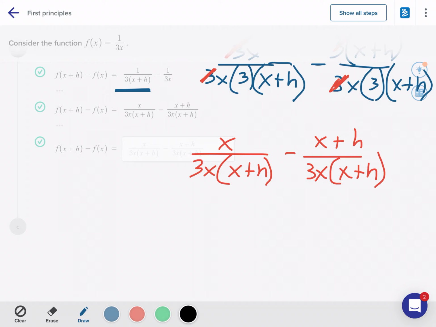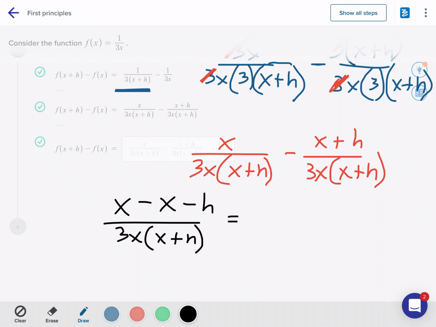And we're going to now combine these. So this has to be x minus x minus h over 3x times x plus h. So these will cancel. Let's write negative h over 3x times x plus h.